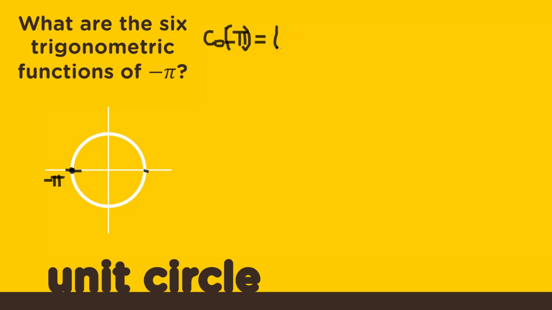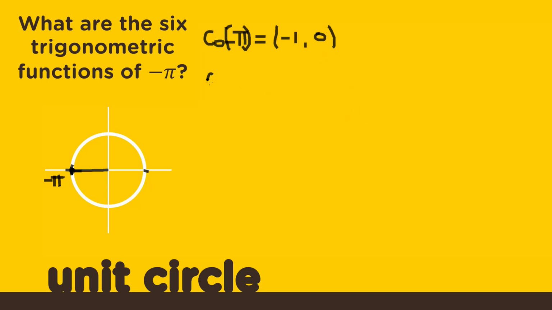Take note that our point is on the negative x-axis, and the distance of that point from the center, since it is a unit circle, is 1. At this point, our x is not just 1 but negative 1 because it's on a negative axis. And since we don't have any height or depth, our y here is 0.